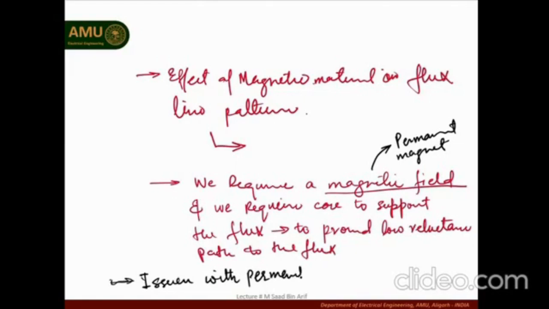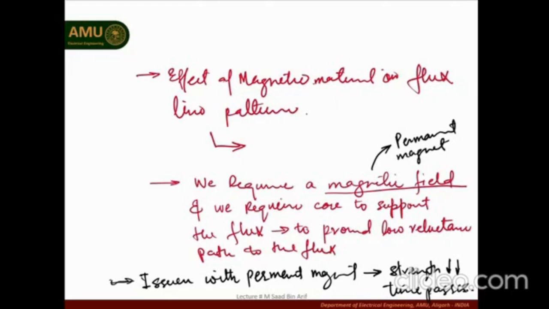But the issue with a permanent magnet is that with age, as time passes, the strength of the permanent magnet decreases. That is, the field of the permanent magnet decreases, and that is usually called the aging effect of a magnet.